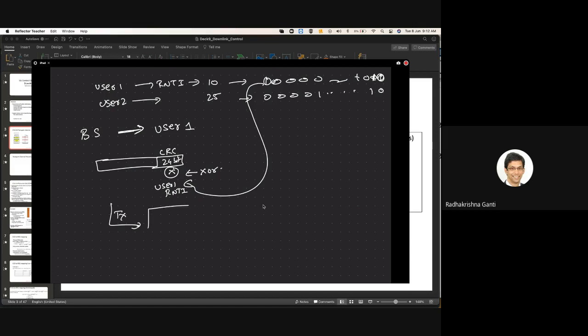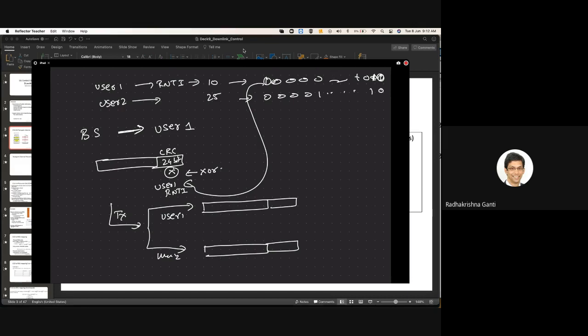Both user 1 and user 2 decode it, using the DMRS and all this. After the decode, what will happen? They will come all the way to the CRC. They will get the CRC, they will get everything. So both the users will get the same thing. Now what will user 1 do?